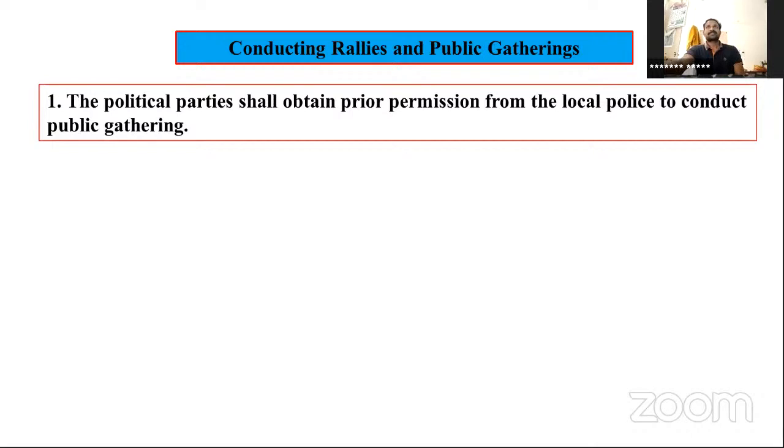And also, if you want to use loudspeakers in the meeting, you have to take permission from the local police, and also don't disturb other individuals. These are the rules for conducting rallies and public gatherings. We are gathering people.